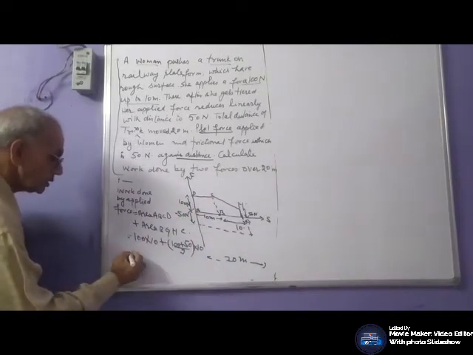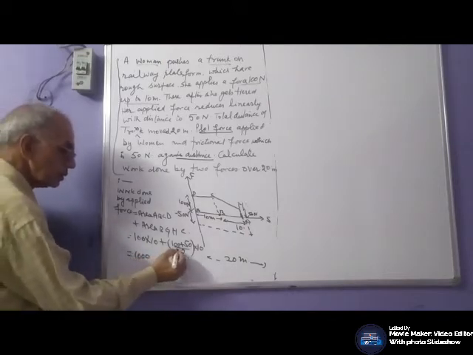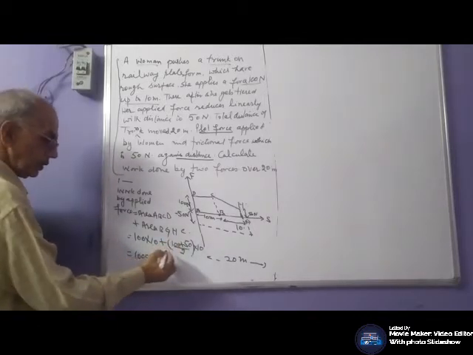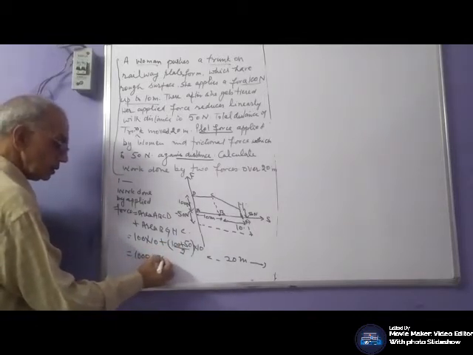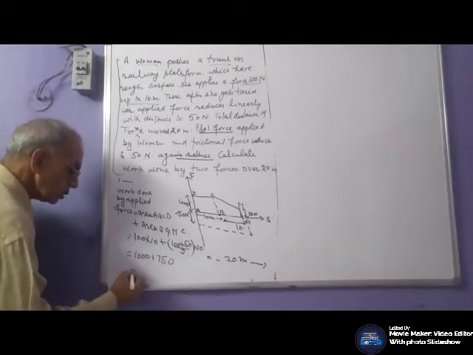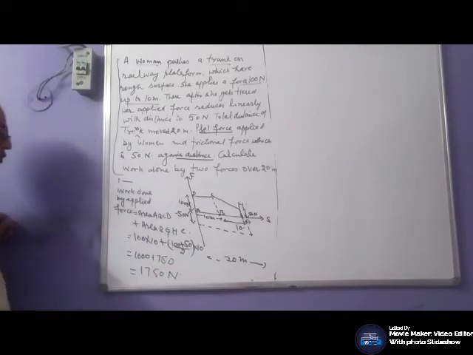So it is 1000 plus 150 by 2, it is 75 into 10. So the work is this much.